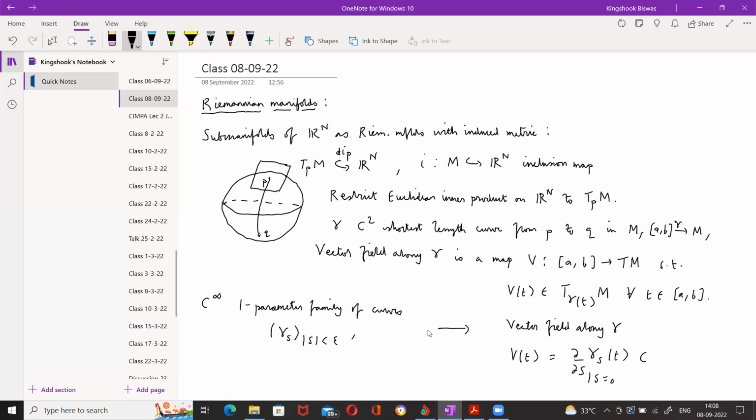Okay, so this is a tangent vector at gamma t. Is this clear?